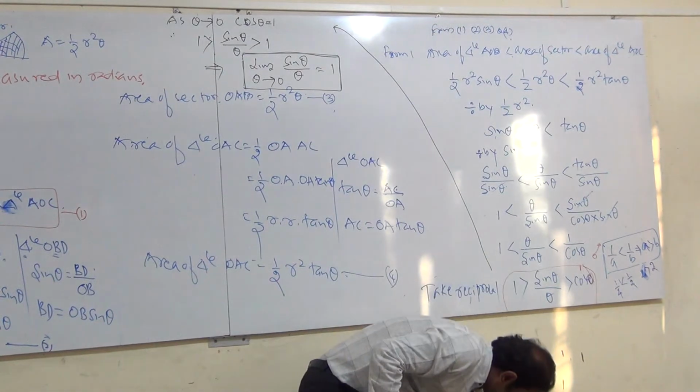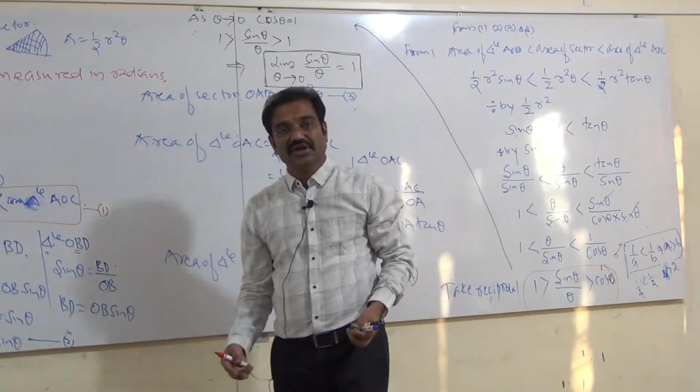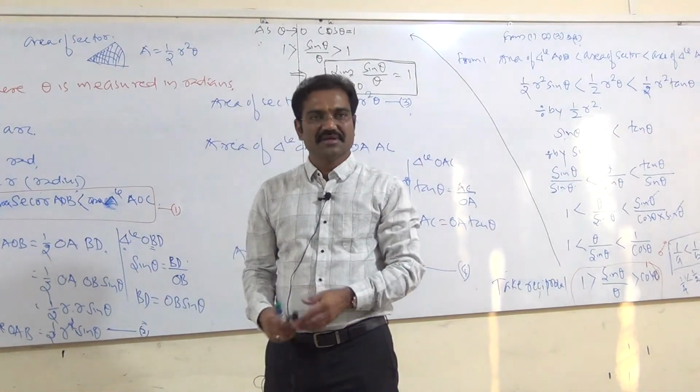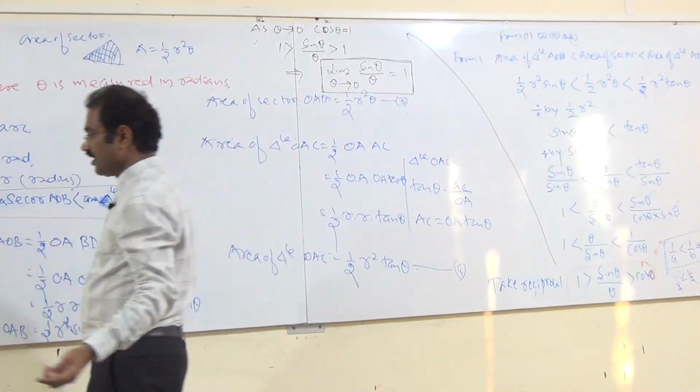1. So this is the main identity we use, but to apply this identity one condition is there, theta must be measured in terms of what? Radian. Very important, note down.